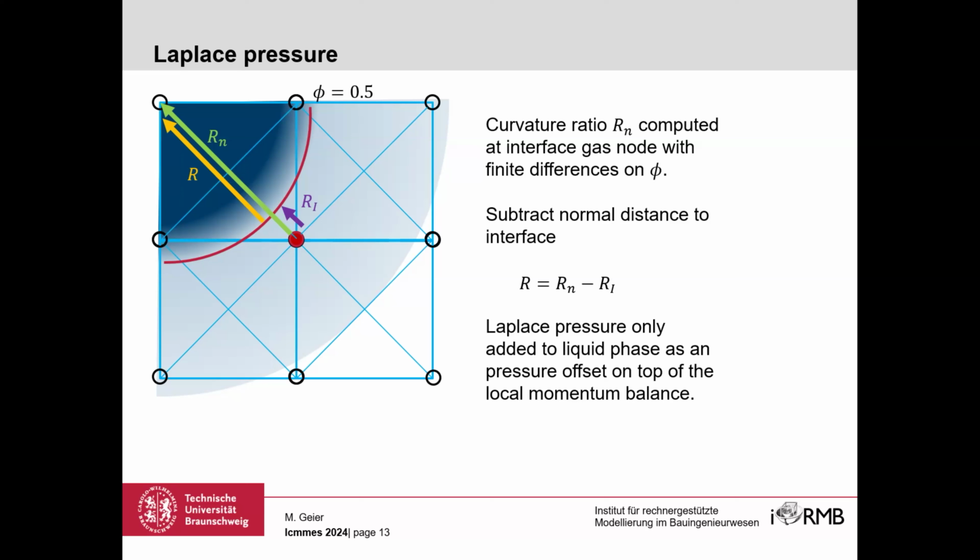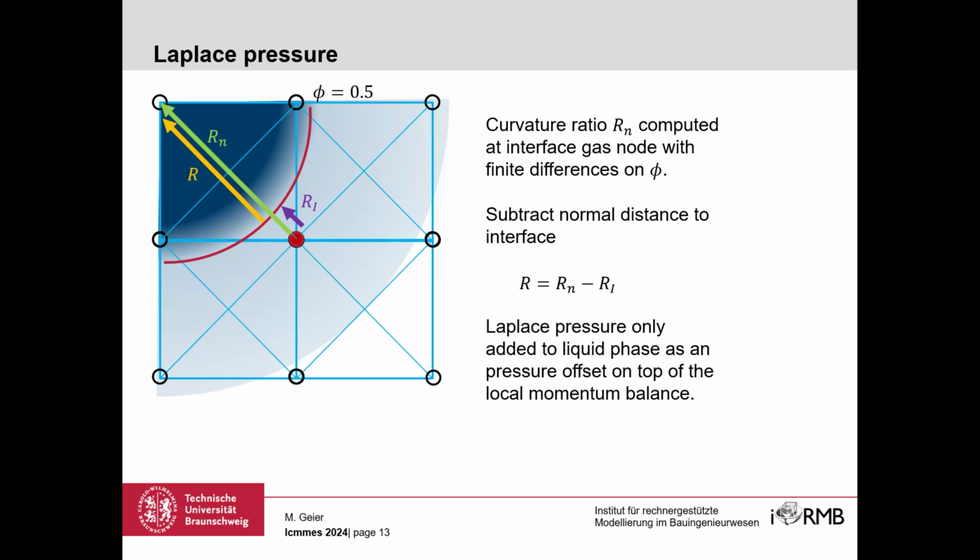We compare it to curvature, and from the curvature we get the effective radius. From this we actually have to subtract the distance to the actual interface.